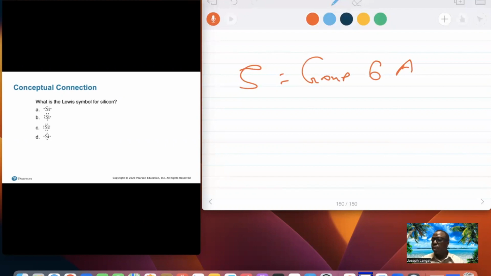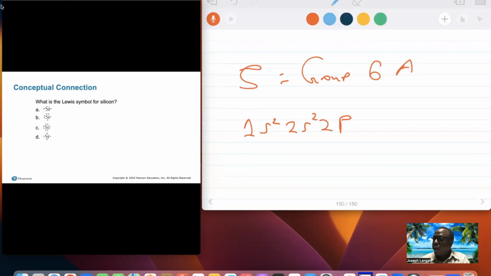Sulfur is in group 6, and it has 6 valence electrons.